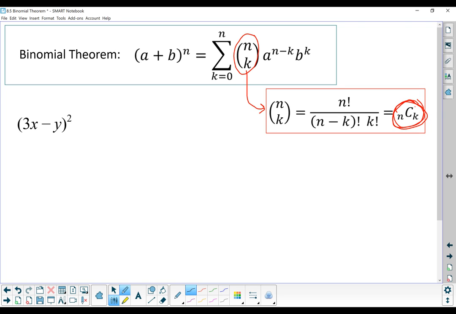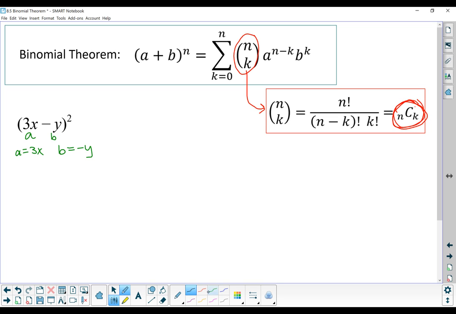It means just as what I showed you earlier. So in this example, our a is going to be 3x, and for our b, we're going to take that to be negative y. So a is 3x, b is negative y. And you do want to take that negative sign with the y there.